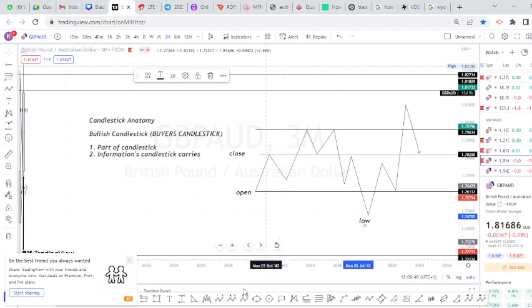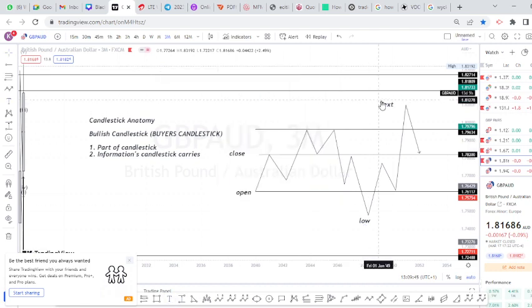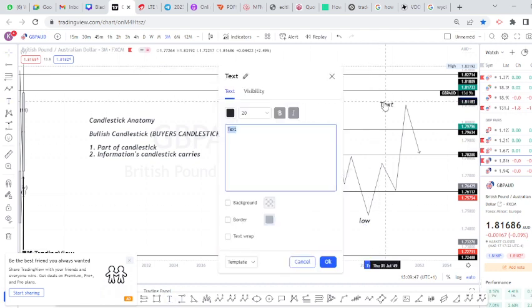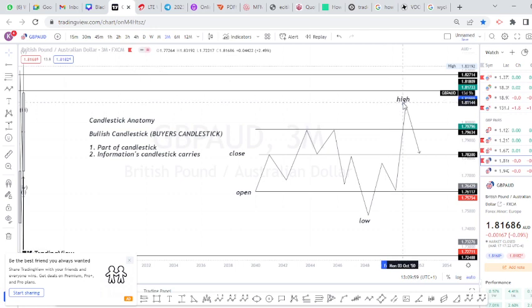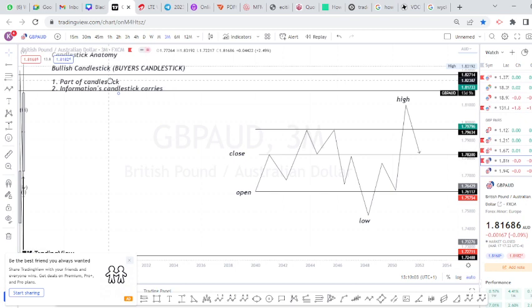That's the low for the price for the day, and here we have the high for the price of the day. All this still happens within one candlestick. I'm going to show you now how to use a candlestick to determine this.